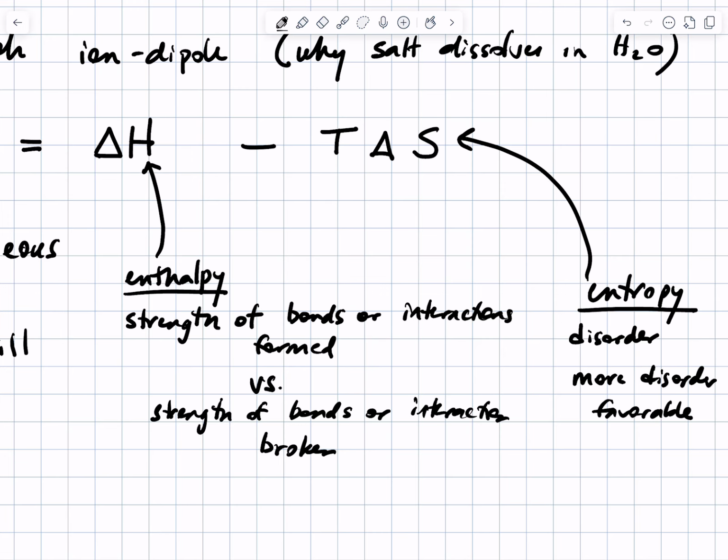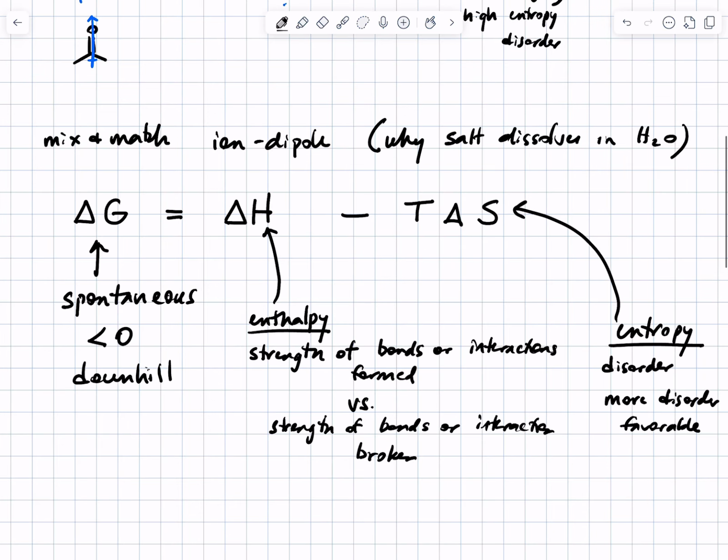So let's, and I'm not going to redraw the picture, but I want you to think back to what we talked about last time with salt dissolving. Consider the salt ions in the crystalline lattice of solid NaCl, and then consider afterwards when the salt is dissolved. We talked about strength of interactions formed versus strength of interactions broken.